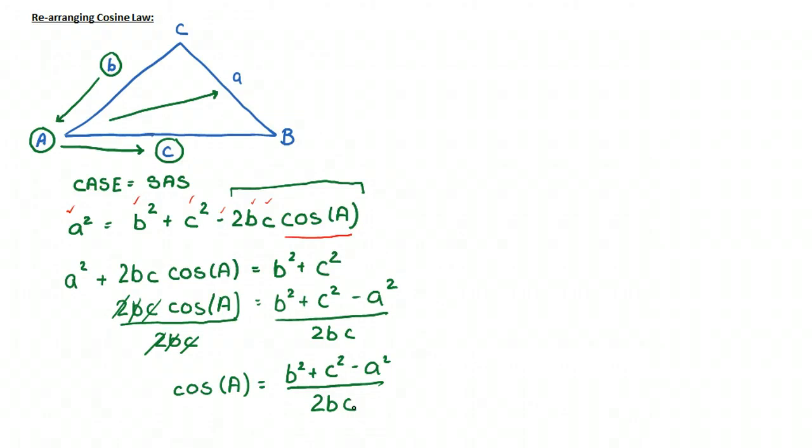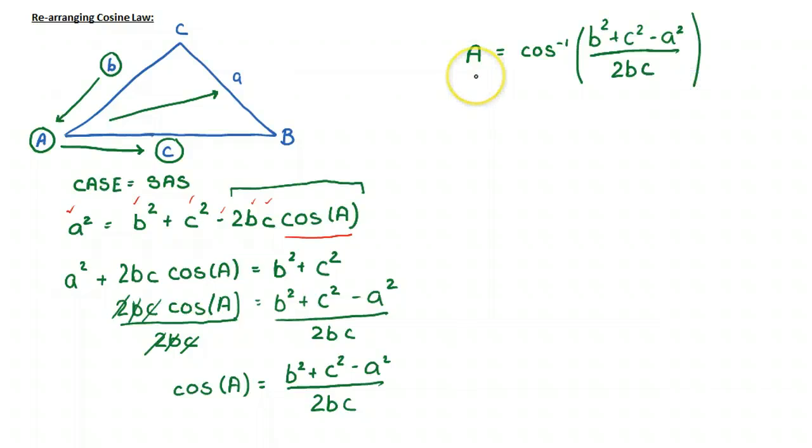Now here's the thing. At this point, some people will say, well, I'm trying to isolate for a, so what I need to do to both sides is take the cos inverse. So I'll end up with a is equal to the cos inverse of b squared plus c squared minus a squared all over 2bc.